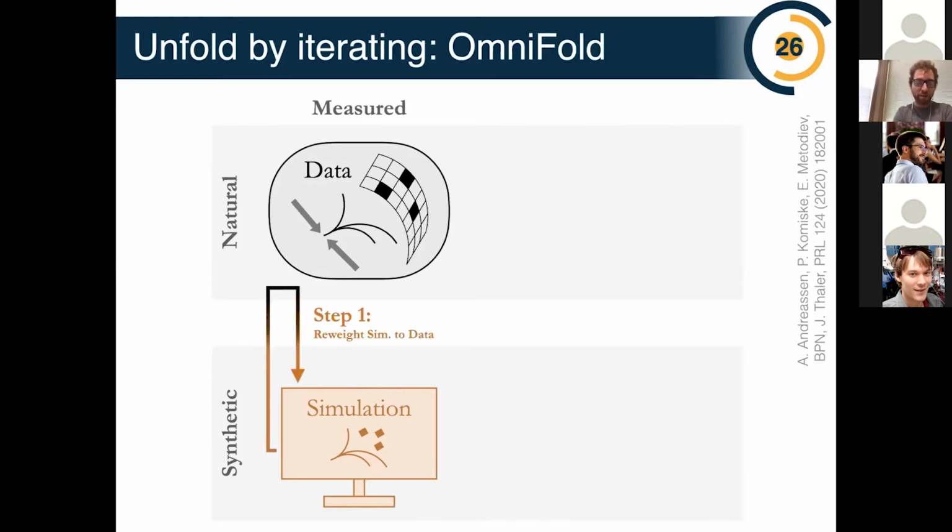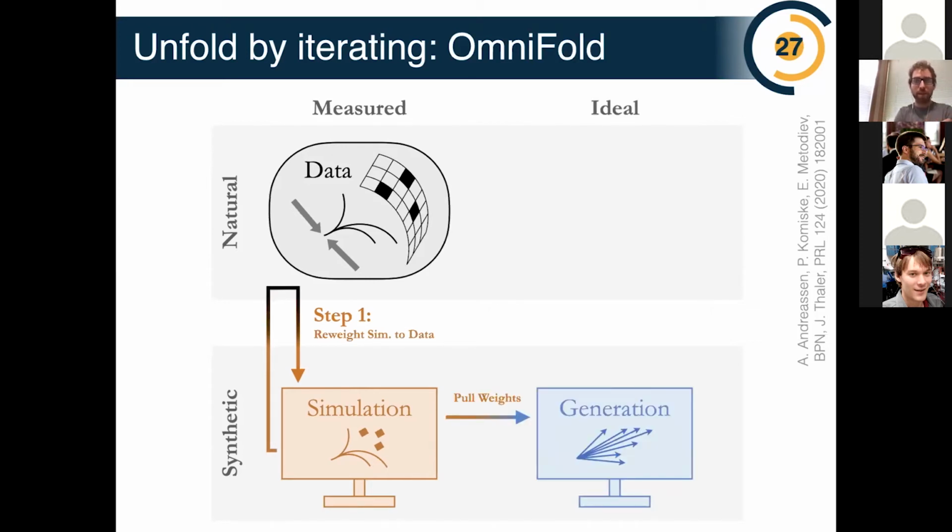It starts with one reweighting step, where we reweight the detector level simulation to the measured data. That gives us a set of weights per example in the simulated events. Then we can pull those weights back to the pre-detector part, the generated level, because for a given event we have both the pre-detector part and the post-detector part.